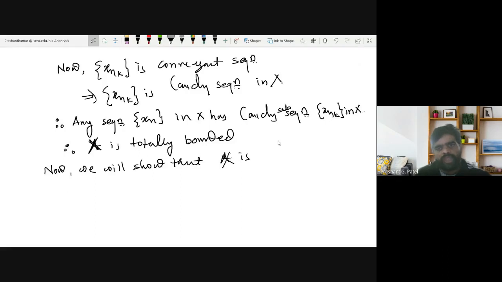X is complete. So it is enough to prove that every Cauchy sequence in X is convergent.